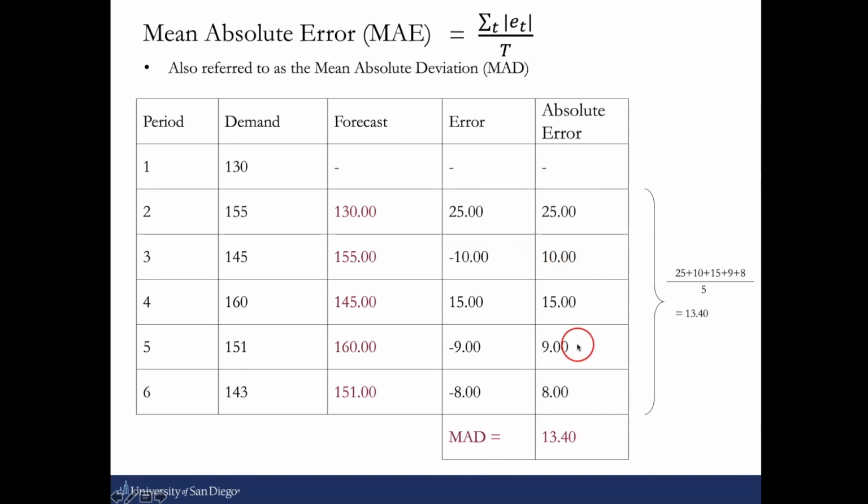You do the same for all periods, and then you can divide by 5. We have 5 observations here, and that's t. That will give you the MAD or MAE of 13.40. Right? So in general, we want this value to be as small as possible. And whether this is good or not, you need to compare this with other models using a similar measure for your error computation.